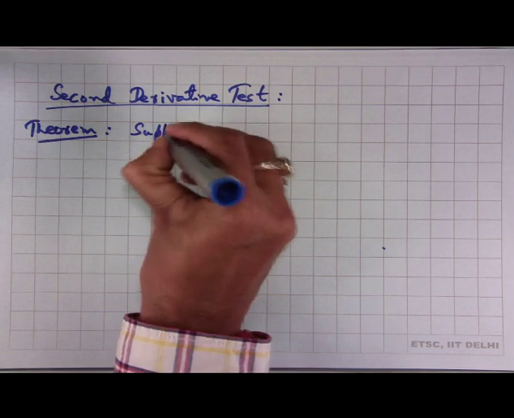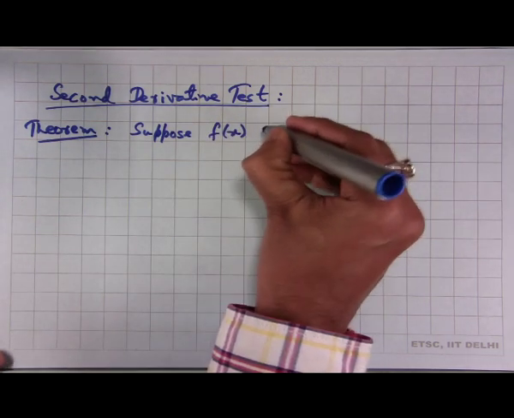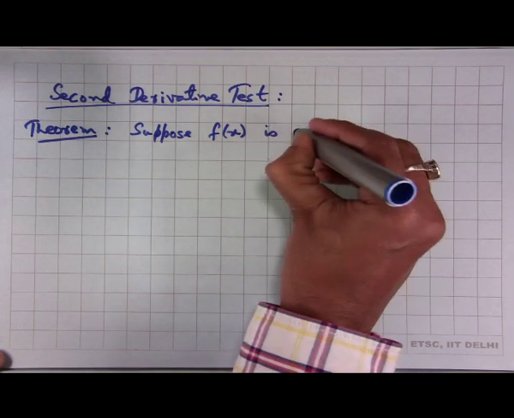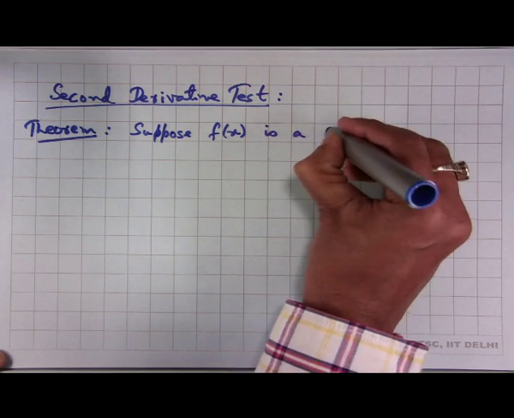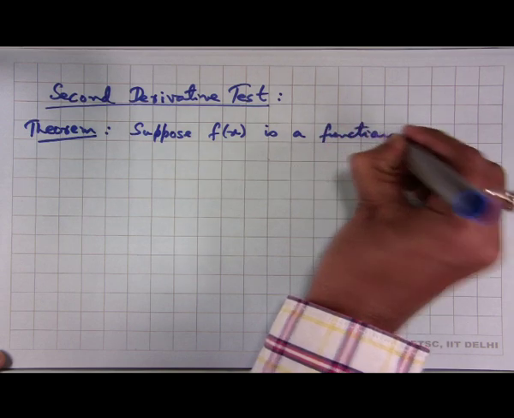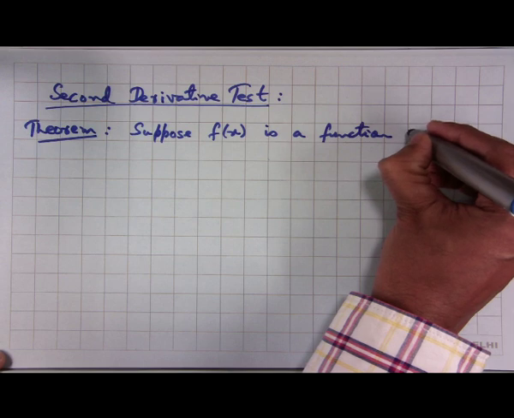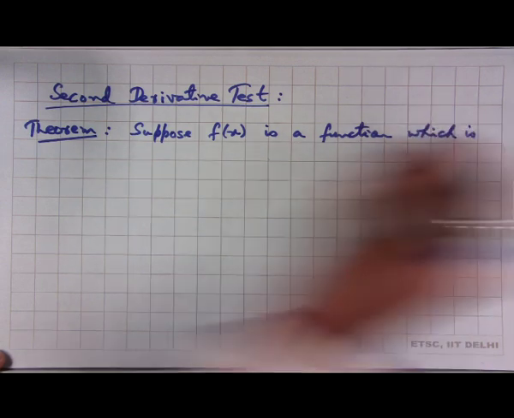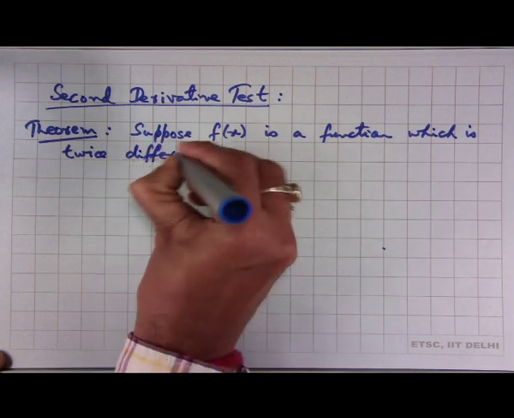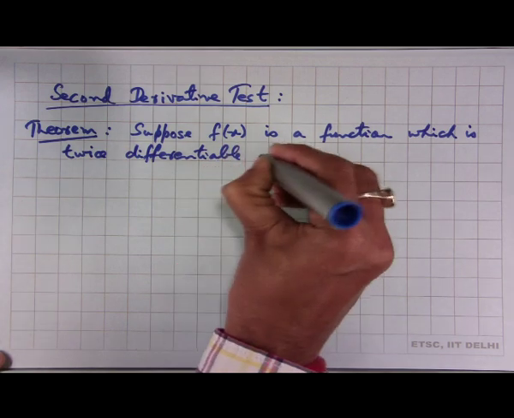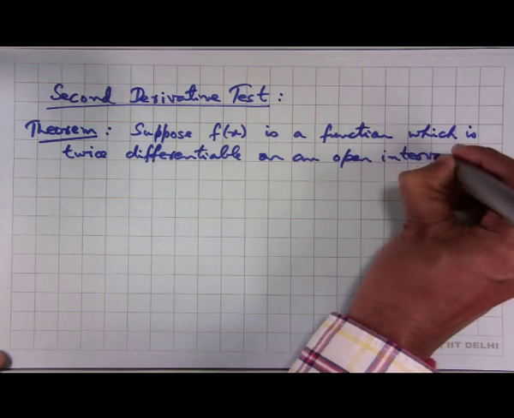Suppose f of x is a function which is twice differentiable on an open interval I.